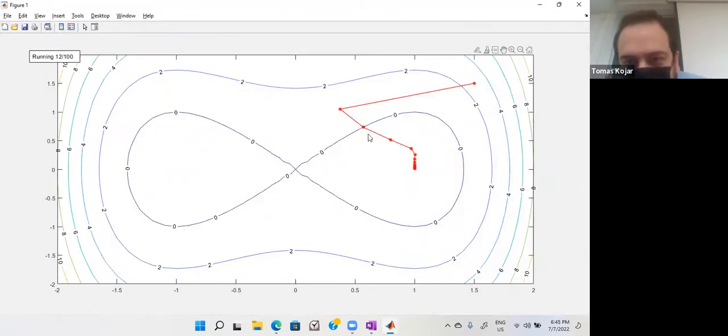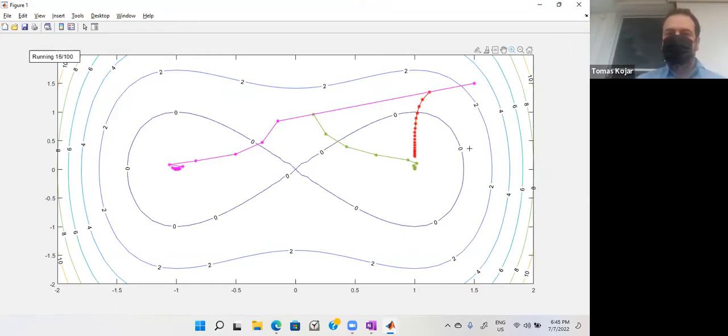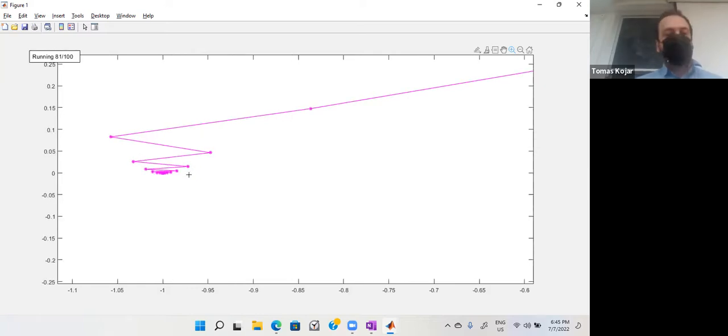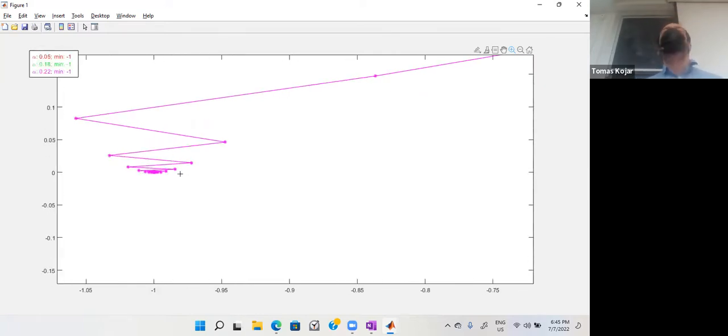Anyway, when you start getting closer, you start making perpendicular steps. You see? This is supposed to be 90 degrees. So that's what we proved mathematically.